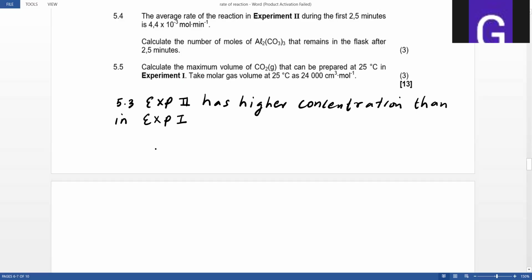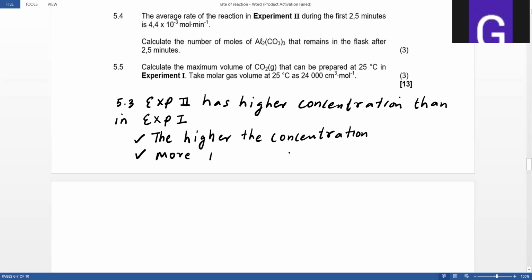And we know that according to collision theory, the higher the concentration, more particles collide per unit time.